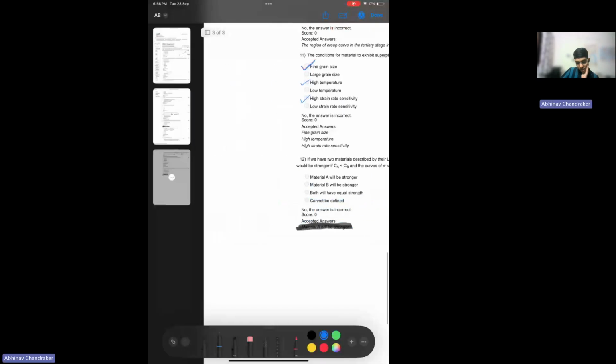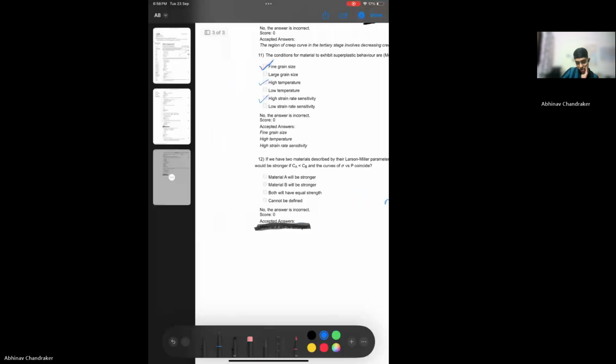But it is asked which would be stronger. It's difficult to say based on this. I think A is more creep resistant.